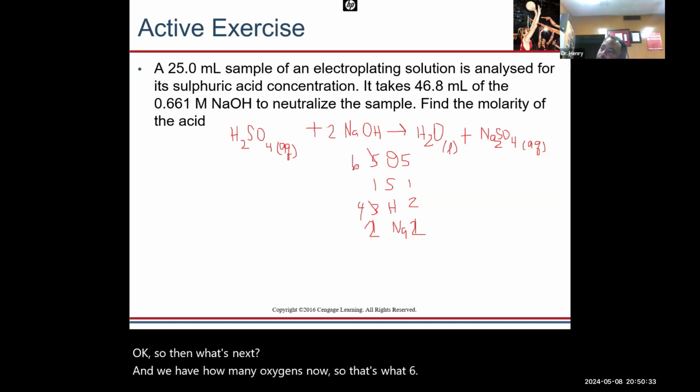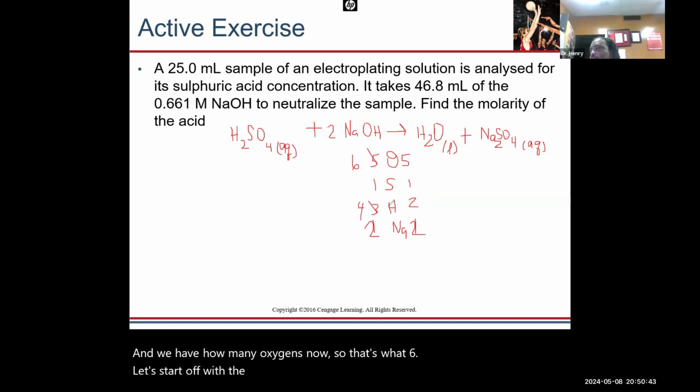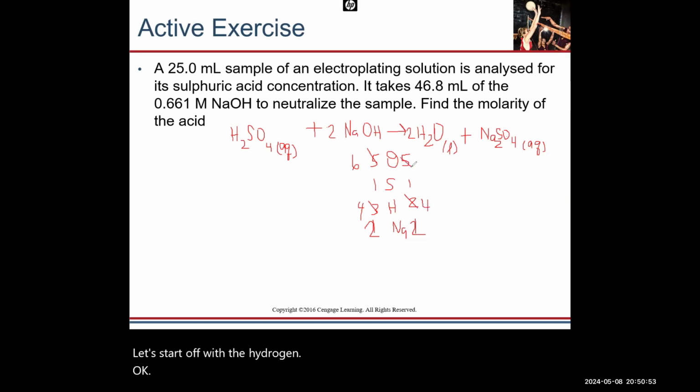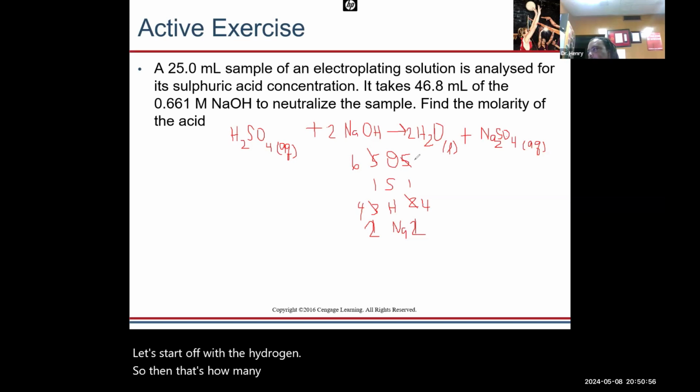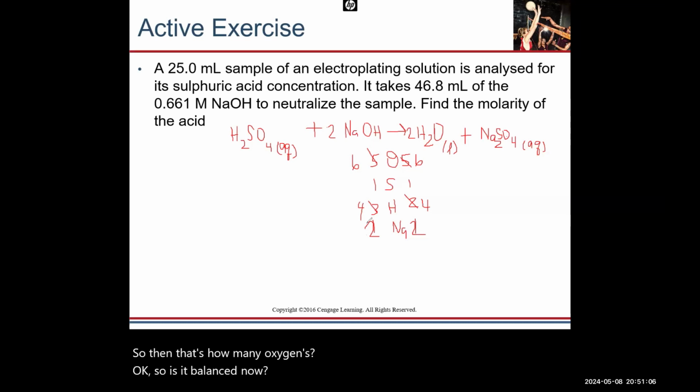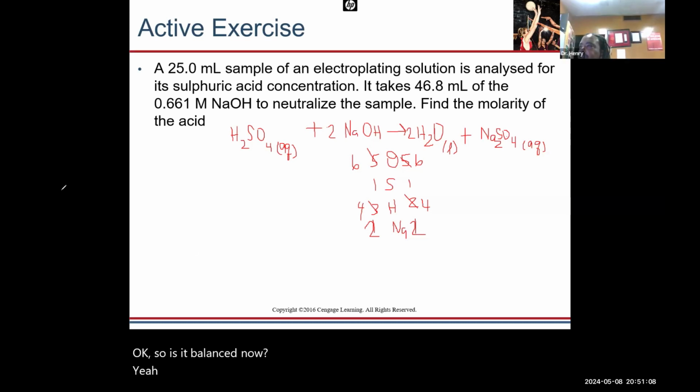Yeah, we have 6 now. Start off with the hydrogen. Let's just do two hydrogens, two of them for the H2O. That's four. And how many is oxygen? That's just adding one more, so six. Is it balanced now? Yeah, looks like it. Okay, so we got our balanced chemical equation.